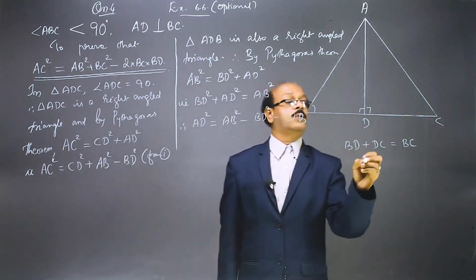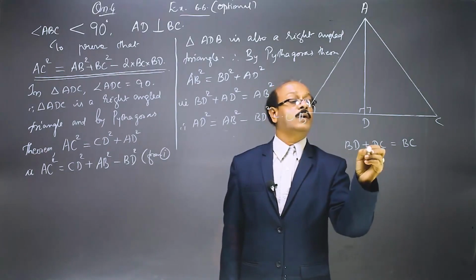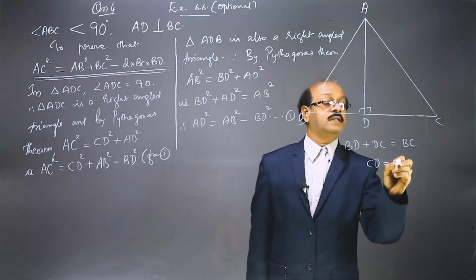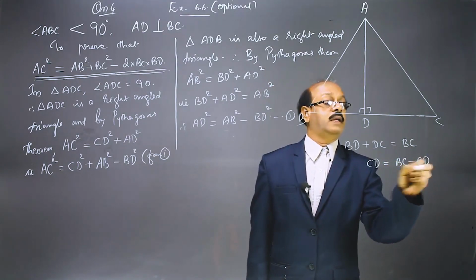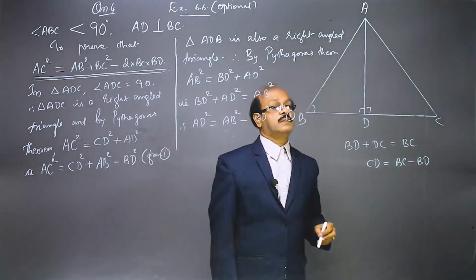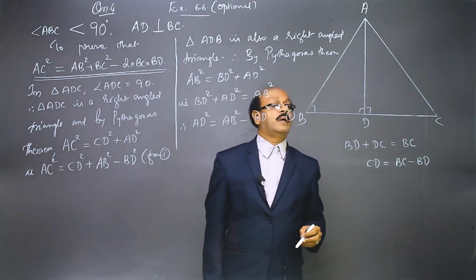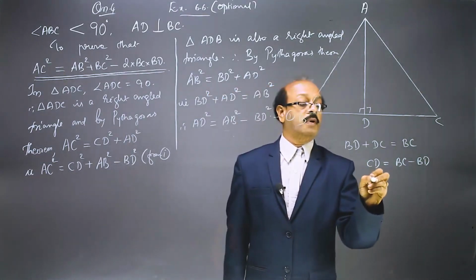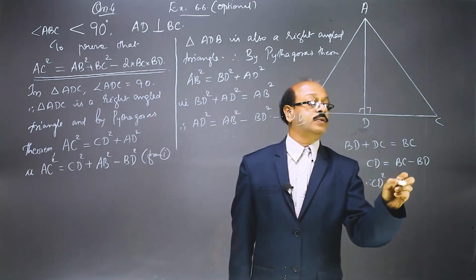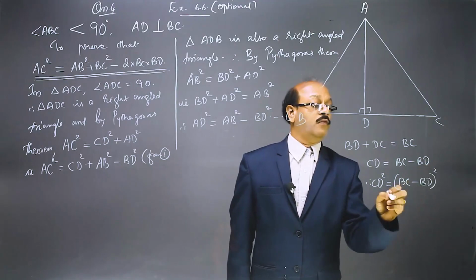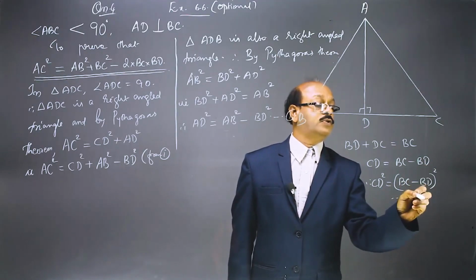Therefore, CD is equal to BC minus BD. Instead of CD we can write BC minus BD. Therefore, CD square is equal to BC minus BD the whole square. We are naming this as equation number 2.